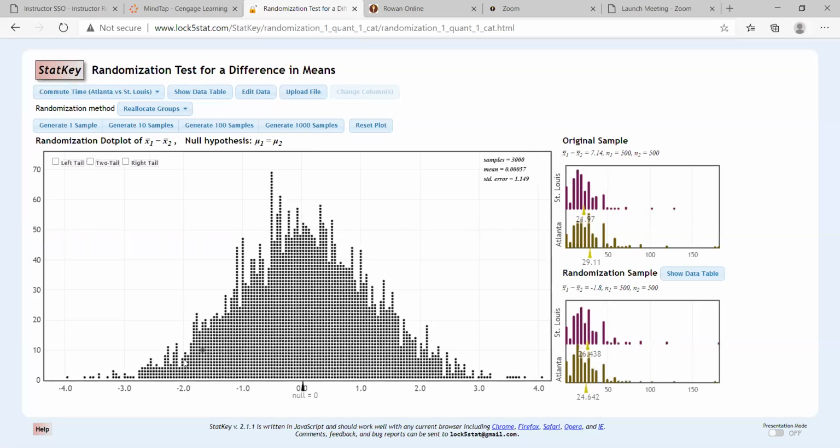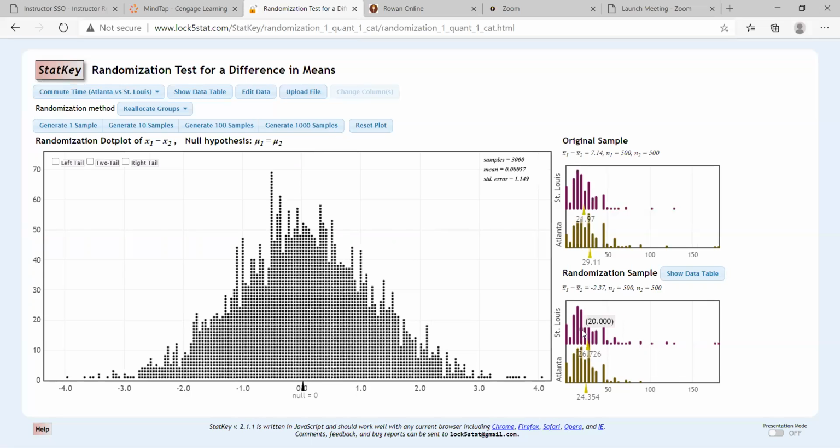And then down here, let's pick one of these. Notice that x1 bar minus x2 bar is negative 2.37. That means the Atlanta commute time is on average 2.3 minutes lower than St. Louis.